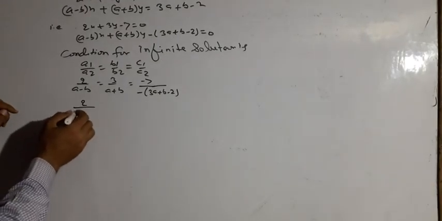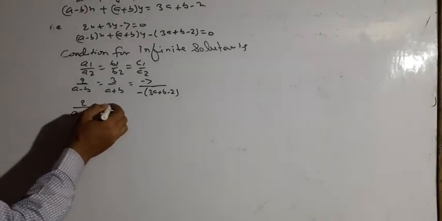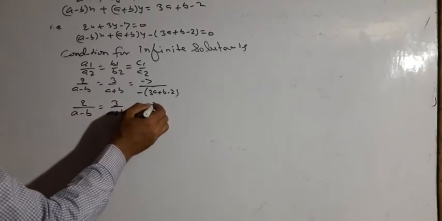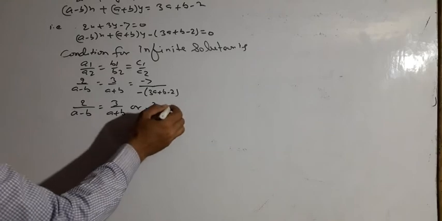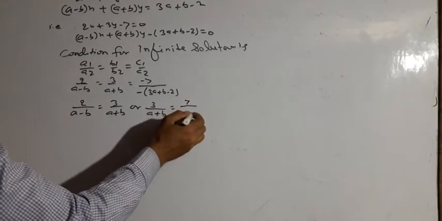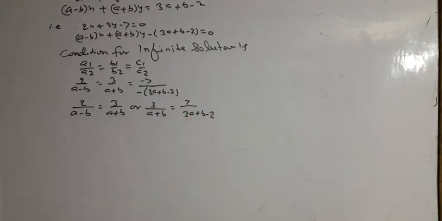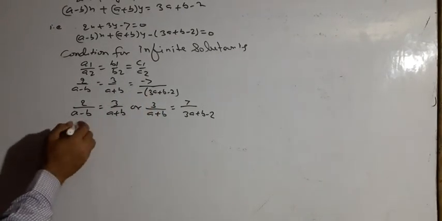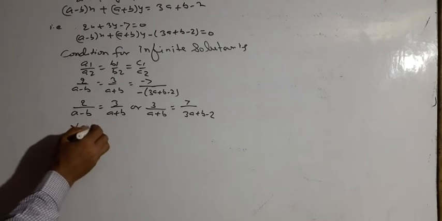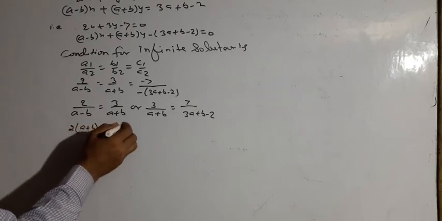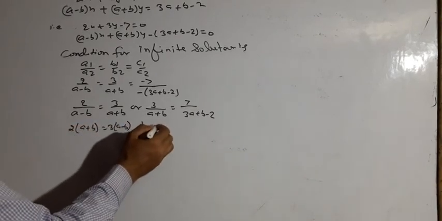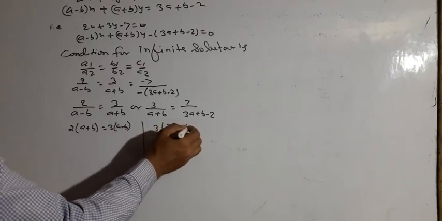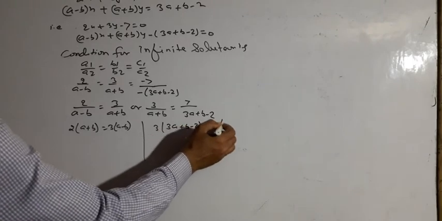So 2 by (a minus b) equal to 3 by (a plus b), and 3 by (a plus b) equal to 7 by (3a plus b minus 2). Minus minus cancelled. By cross multiplication, 2 into (a plus b) equal to 3 into (a minus b), and 3 into (3a plus b minus 2) equal to 7 into (a plus b).